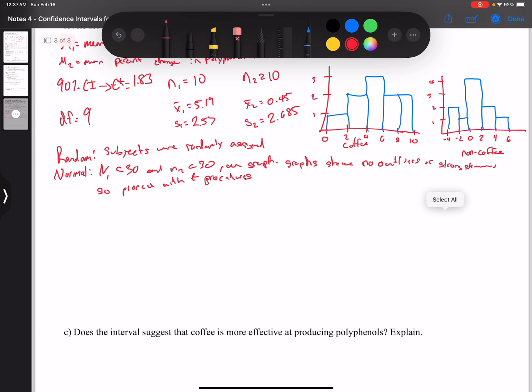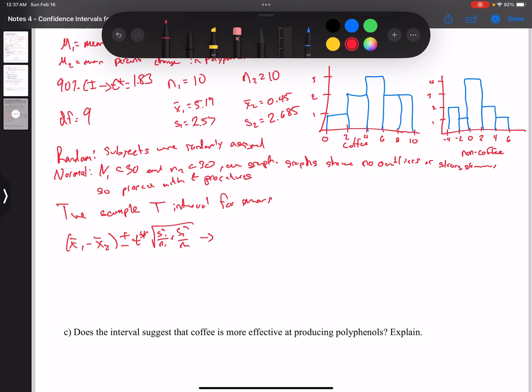Okay, so now again, we haven't done this quite yet, but this is a new inference. This is a two sample t interval for means, which uses that long formula from the last page: x bar 1 minus x bar 2 plus or minus t star times the square root of s1 squared over n1 plus s2 squared over n2. We plug everything in.